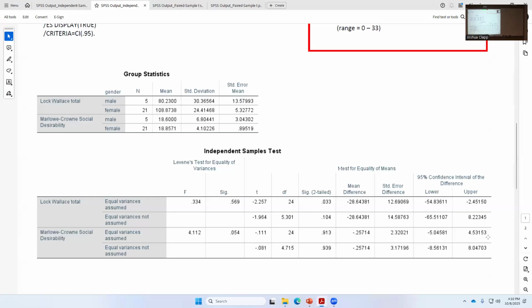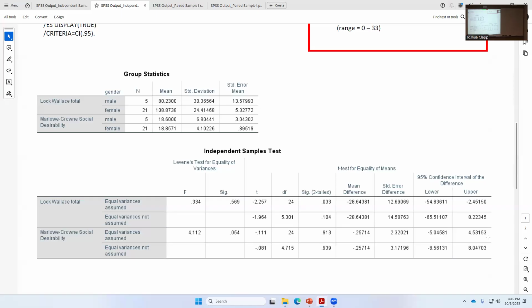If you are going with equal variances not assumed, is your confidence interval always going to contain zero? No. You've got a couple of different things here. This is your Levene's test, which is just saying, do I have evidence for differences in population variance?